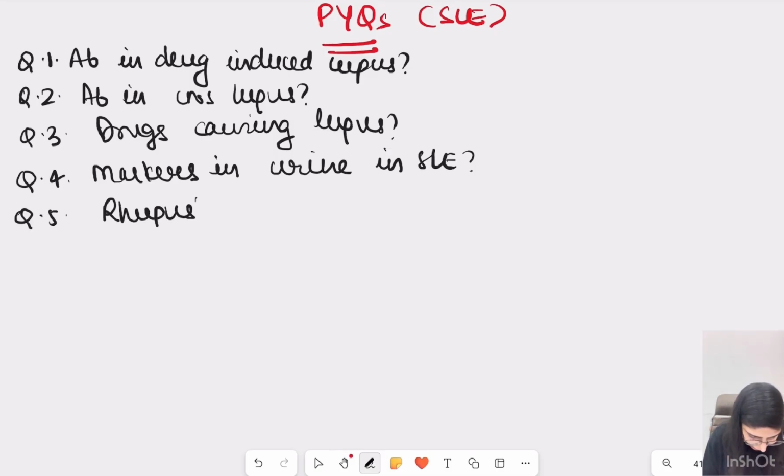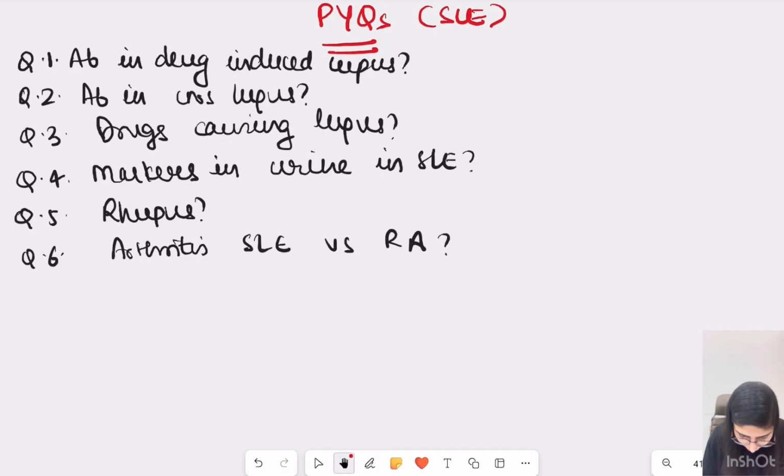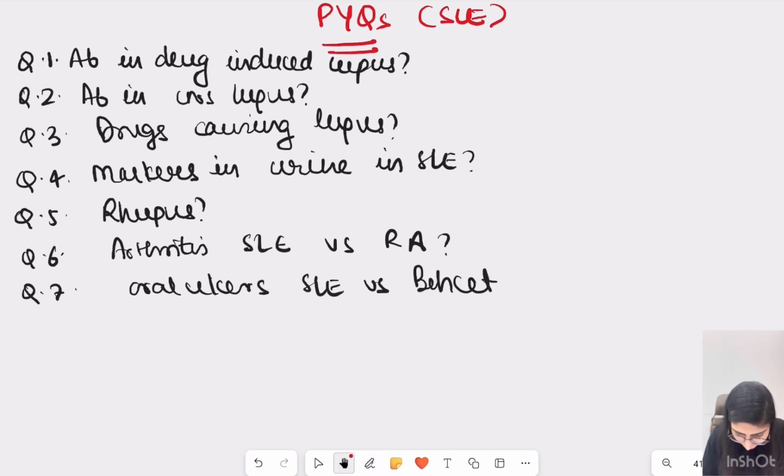What is rupus? Difference between arthritis of SLE versus RA. Difference between oral ulcers of SLE versus Behçet. Difference between the rash of SLE versus acne rosacea.